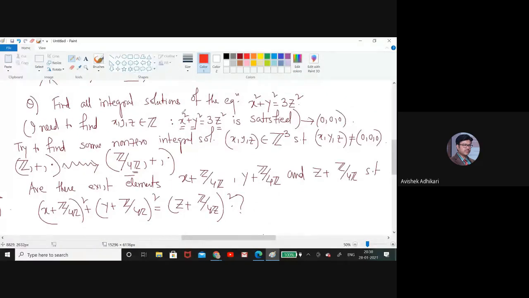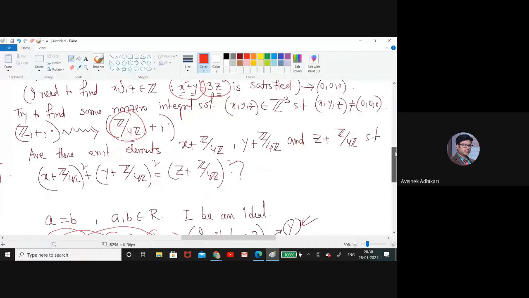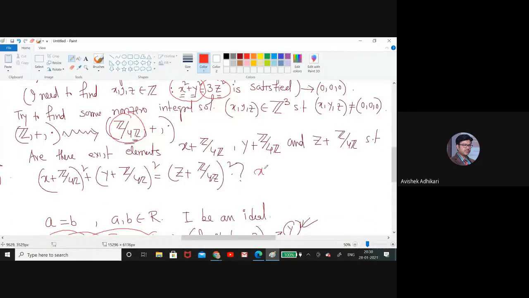So suppose these are two elements in Z, then my question is, as I mentioned, the same question but in the quotient ring. Now it's not a field, it's a quotient ring. So the similar answer will be: x² + y² + 4Z must be equal to 3z² + 4Z.